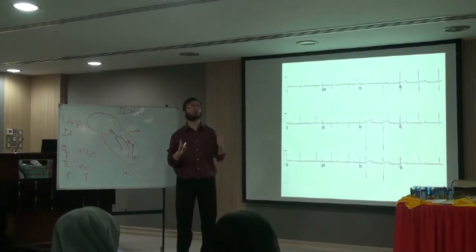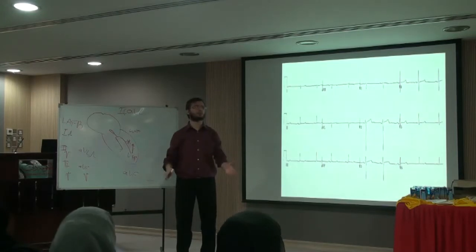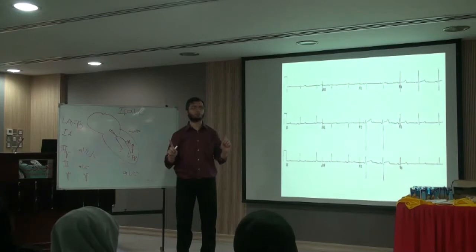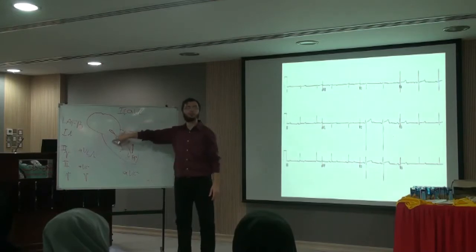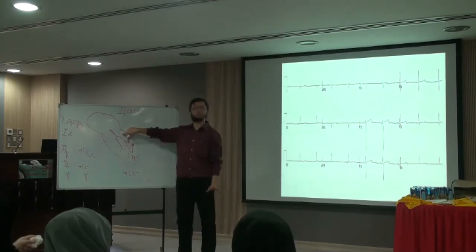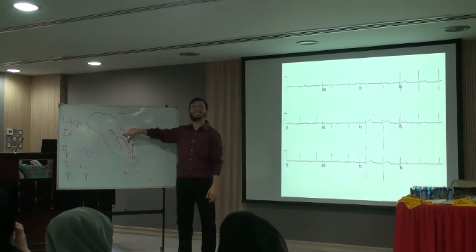The complex will be wide if one of the two ventricles is activated before the other. We agreed upon this before. Were the two ventricles activated at the same time? Yes, they were activated at the same time. So the complex will be narrow. We will see the wide one later.